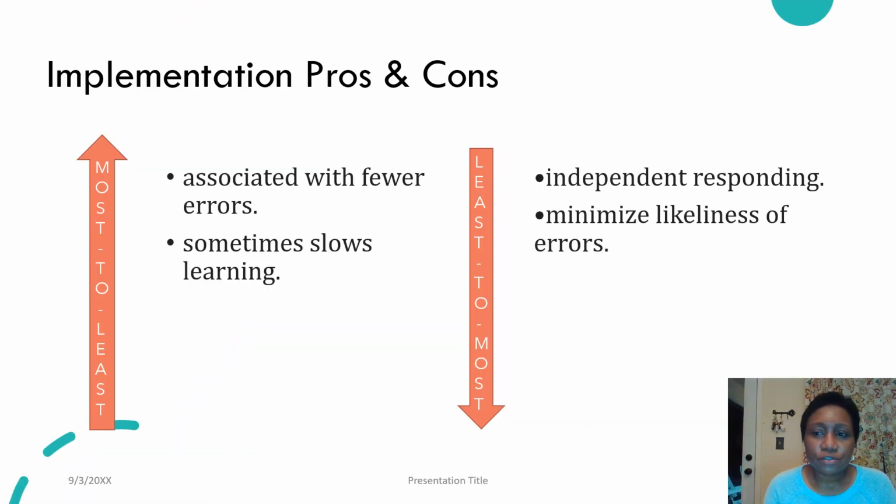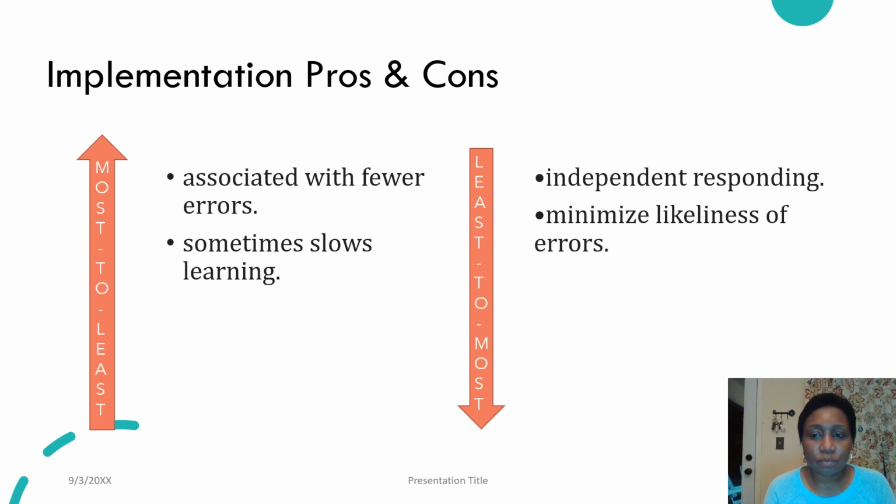The procedures are most to least prompting and least to most prompting. It is exactly as it sounds. In the most to least, you will start with, as you saw, hand over hand, and then to the physical prompting.